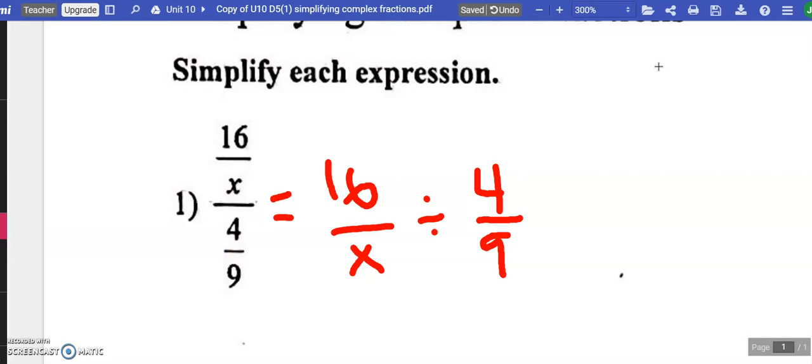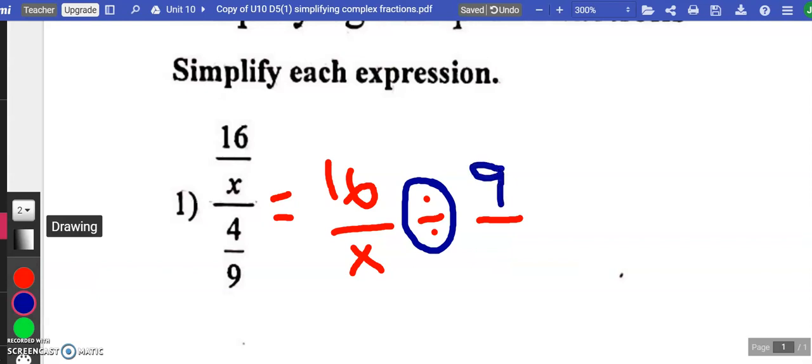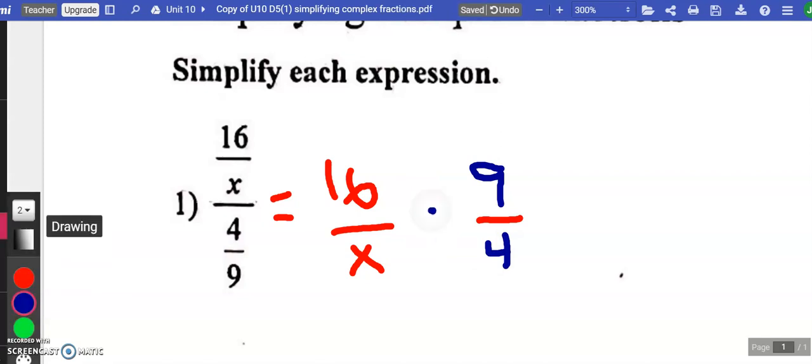And then I remember that when I see a division sign, I want to reverse the second fraction and then multiply. So like we said, we'll just multiply across.